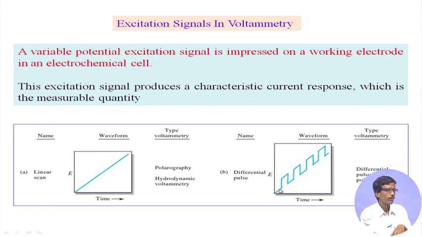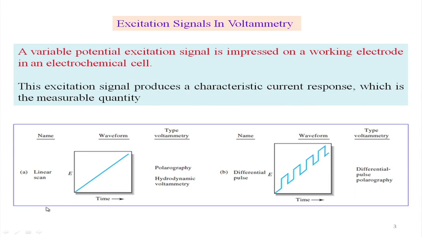At this particular point you have the corresponding pulse, and this is also linearly increasing, and when it comes back to this level, it is also increasing linearly, but the waveform is a little bit different. So, at this point you have the differential pulse. If you give this differential pulse to the system, the nature of your plot will be different.